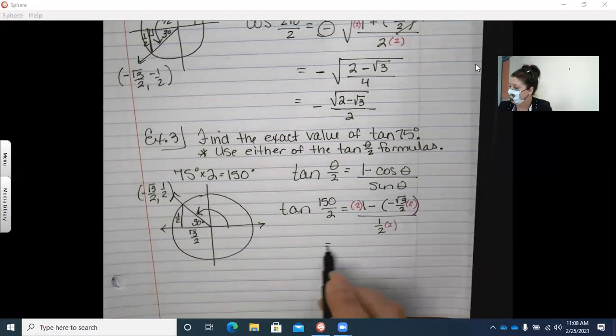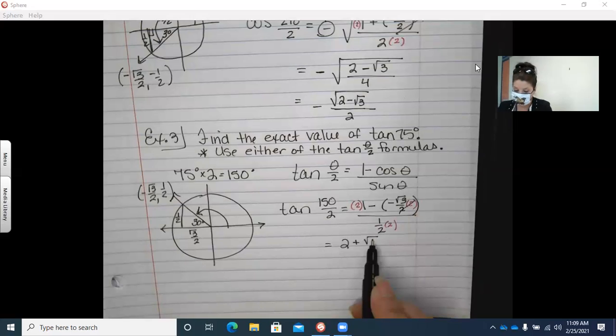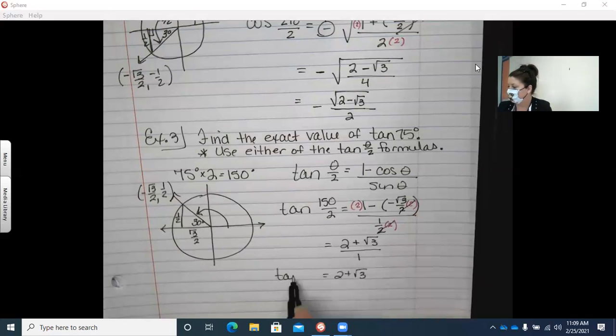Positive. And square root of 3 over 2 times 2 is just square root of 3 over 1, which I don't need to write. So just 2 plus the square root of 3, or the square root of 3 plus 2 would be fine as well. So the tangent of 150 divided by 2, or you could say the tangent of 75 degrees, same thing, is 2 plus the square root of 3.